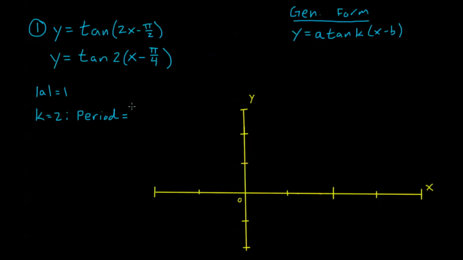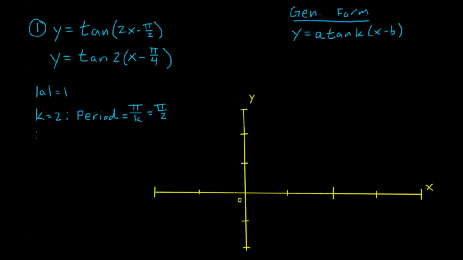Remember that with tangent and cotangent, my base period is pi. So my period formula is not 2 pi over k, but just pi over k. I'm still dividing my base period by k, but here with tangent and cotangent, my base period is pi. So that's going to be pi over 2. So pi over 2 is going to be the total distance of a single period of this graph.